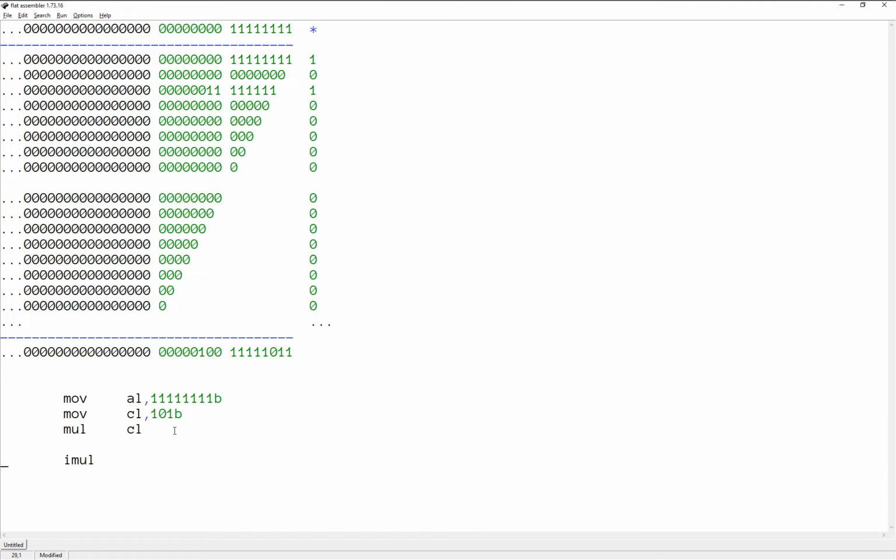We can do the same thing with imul instruction. And now the first half of the result, the lower half, is going to go into the same register where the first factor is. So this is going to be stored into AL register, and the upper half is going to be stored in AH register.